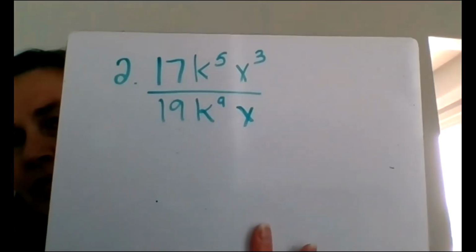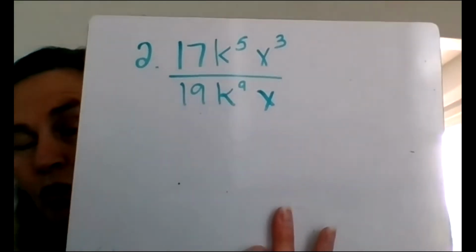Now our next example is dividing. So this is number 2. So I have 17 k to the 5th, x to the 3rd, over 19 k to the 9th, x. So here's my problem again.